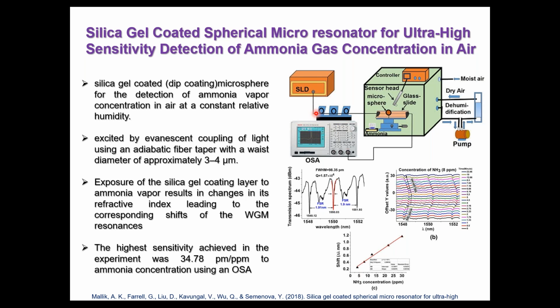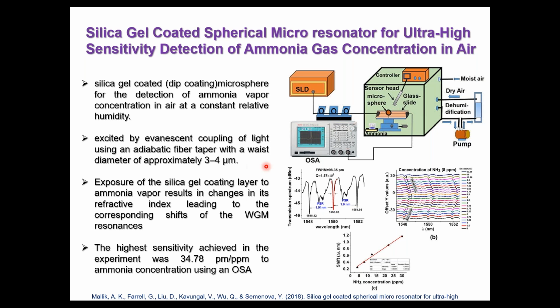You can couple light from this diode, this source, to the optical fiber, and you have a tapering of the fiber, as we mentioned earlier, so that from the fiber taper the light can effectively come out and get coupled to this microsphere.